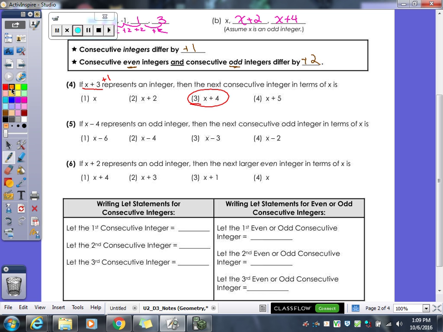Because 3 plus 1 would give us a 4. So example 5, we have x minus 4 is an odd integer. They want to know the next consecutive odd integer. So odd integers means we add how many? 2. So negative 4 plus 2 would give us x minus 2.